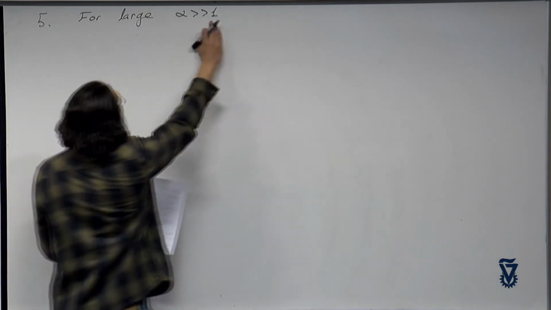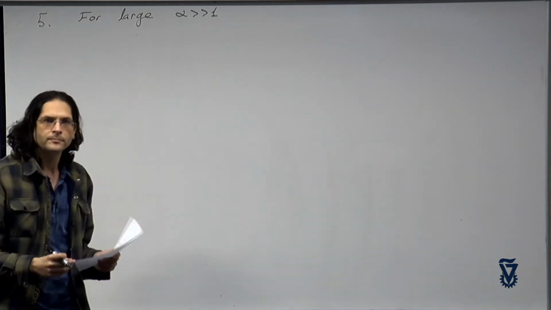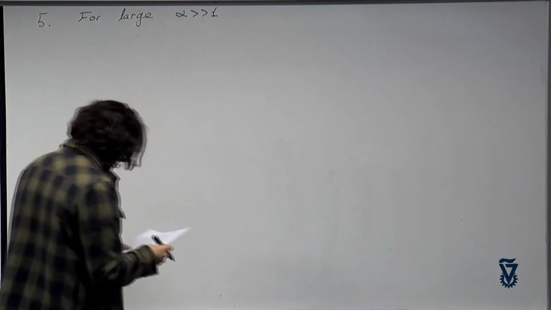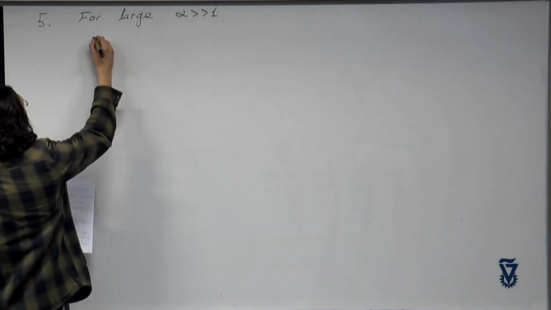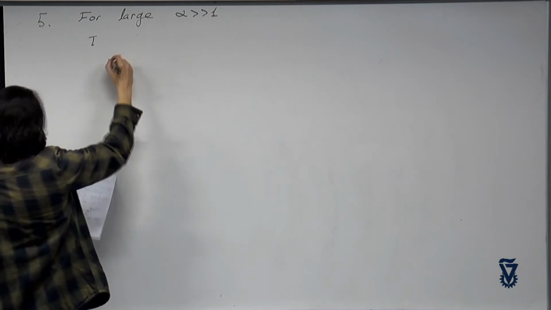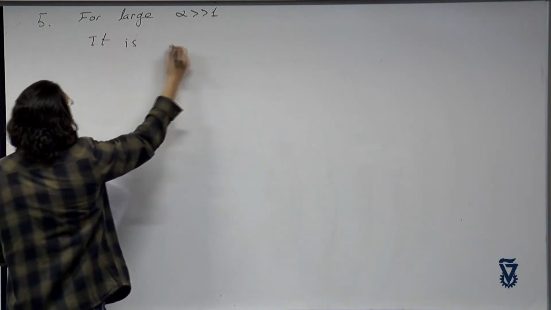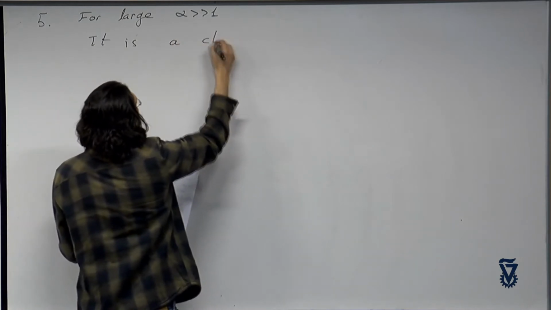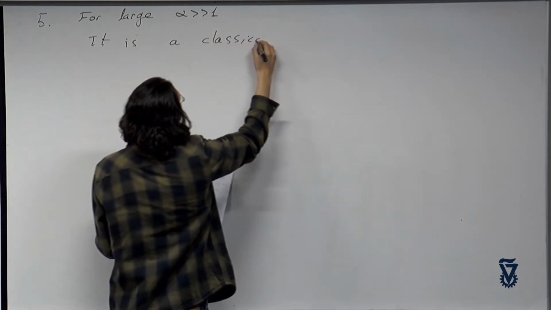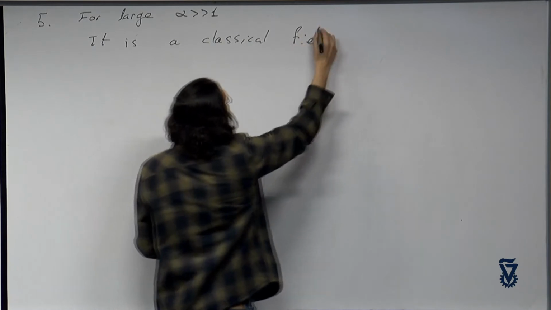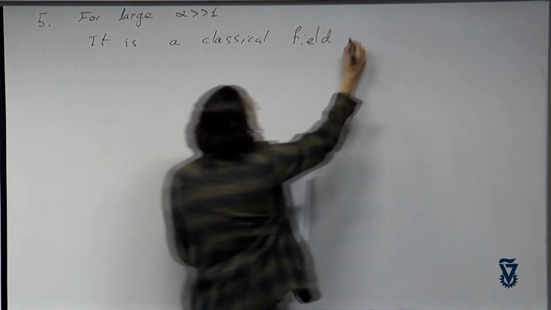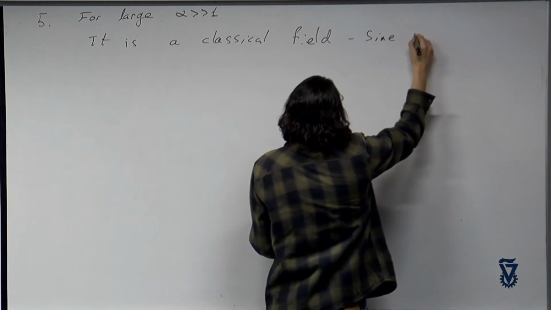Now if we look at large alphas, so a very large average photon number, what we're going to see is that it is a classical field, meaning you just get a sine wave.